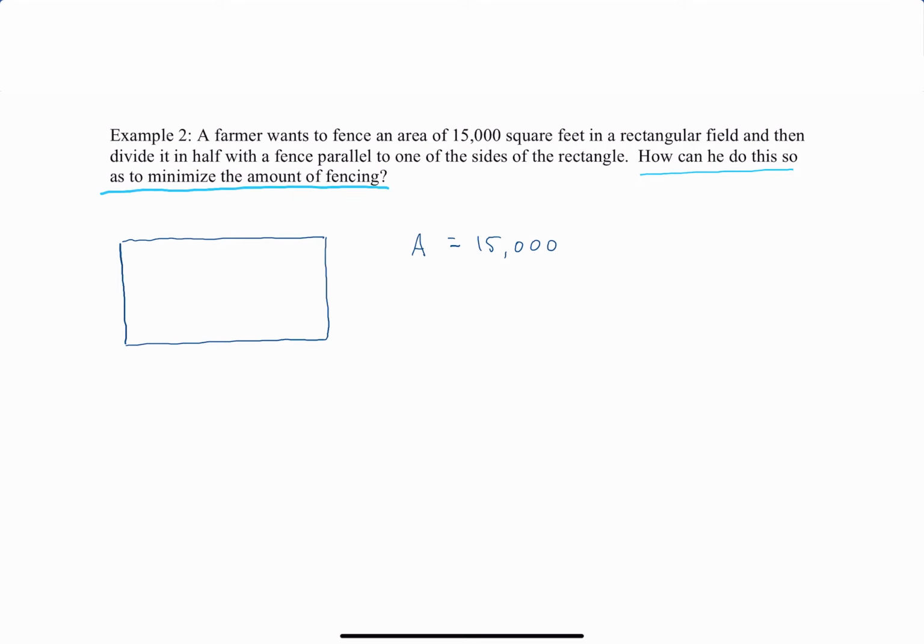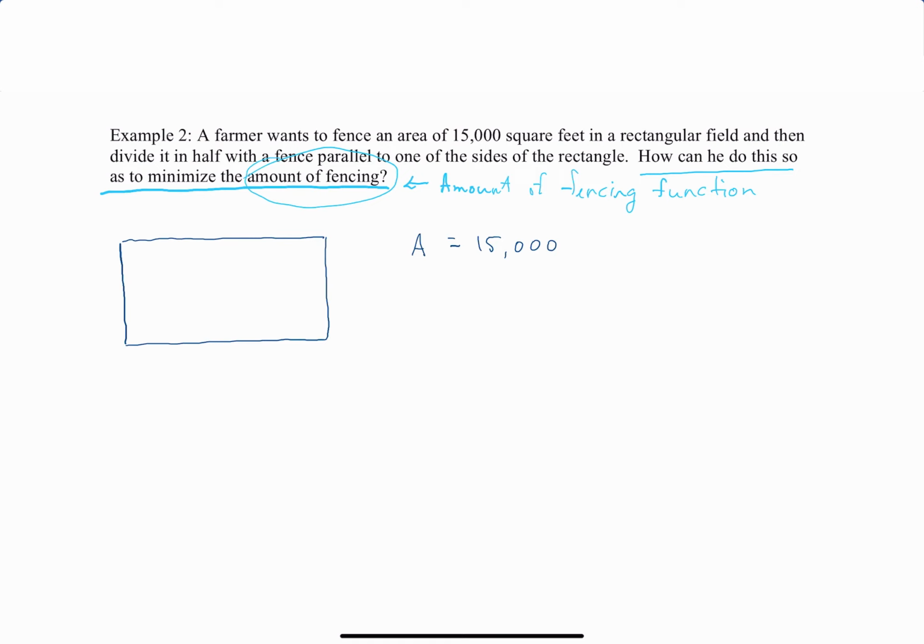How can he do this so as to minimize the amount of fencing? Amount of fencing, that's the function we need. We need an amount of fencing function, and then we'll be looking for the minimal value of that.